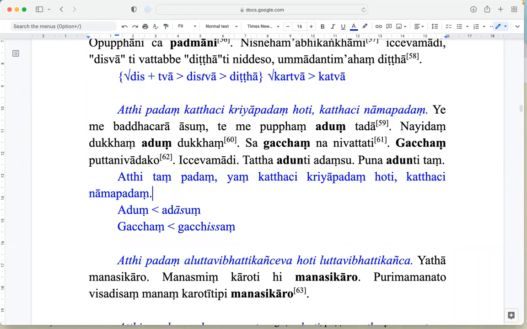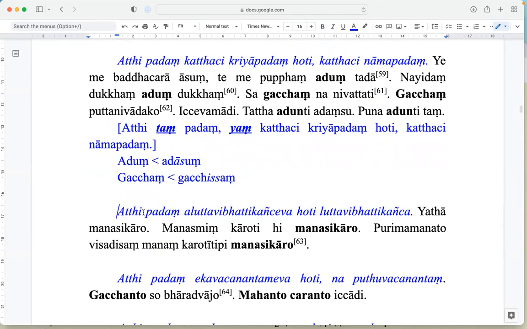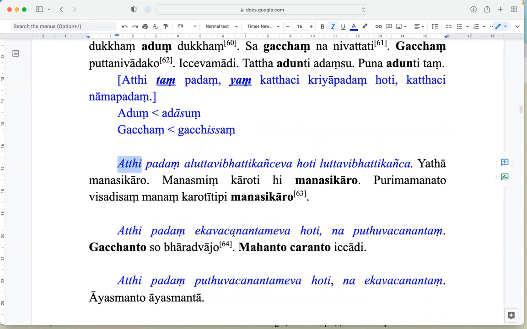So it should be understood in this way, together with the ya and the ta. In the same way, here also ati dambadan yan aluda wibeti kan, and also here ati dambadan yan eka wachanandan.